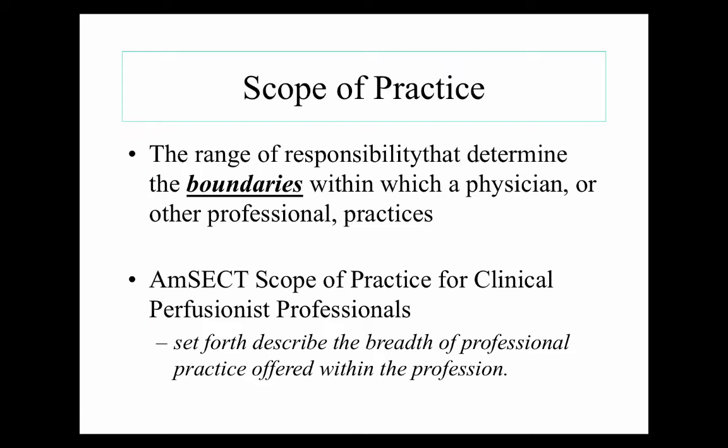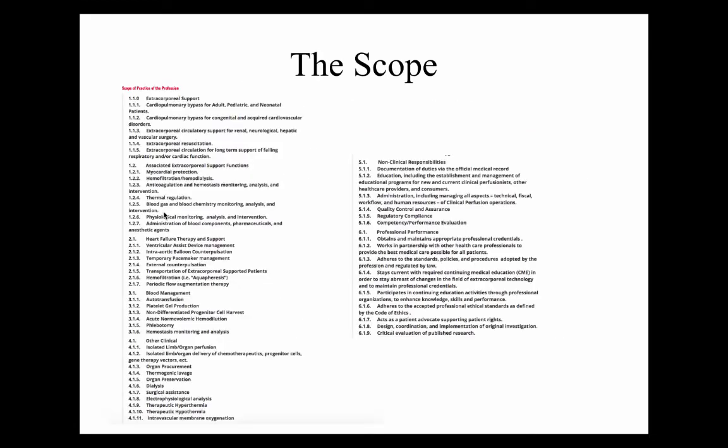So go ahead and take a look at the AMSECT webpage, and you'll see they provide a scope of practice. I'm going to bounce out of this and go to the website, but for now, just look at this list. These are actual therapies, actual forms of extracorporeal treatment and support.